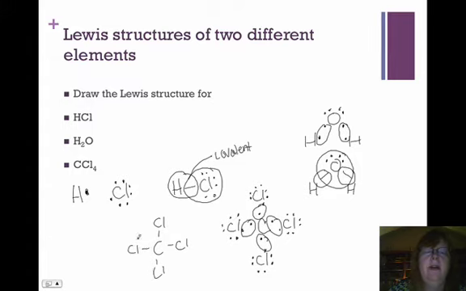These have all been single covalent bonds. Drawing the non-bonding pairs can be time-consuming. So again, just some more practice with using valence electrons to form covalent bonds between nonmetals.